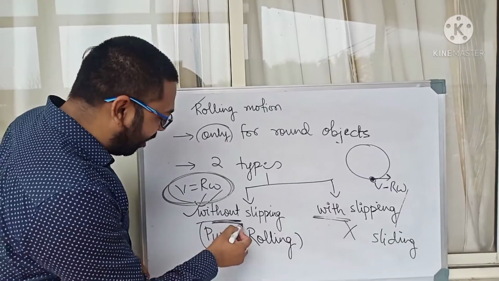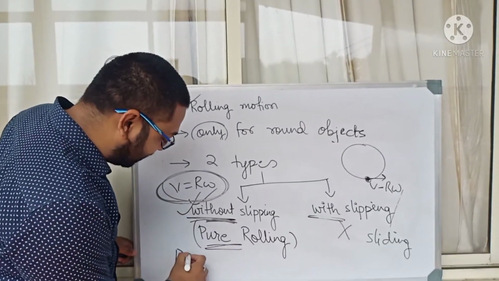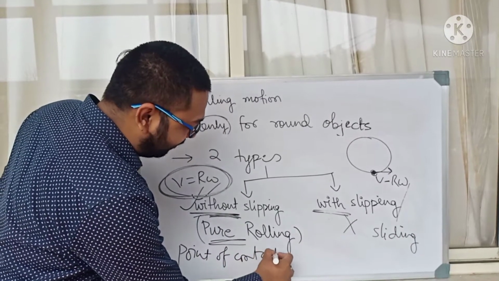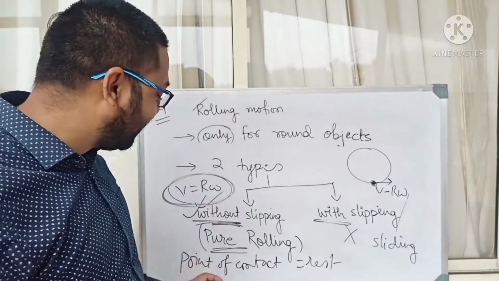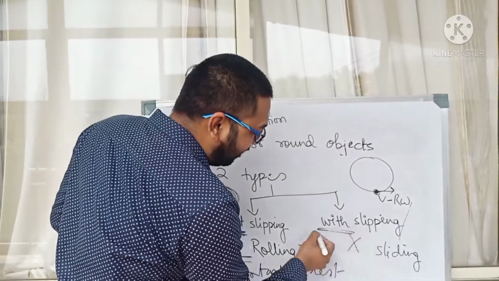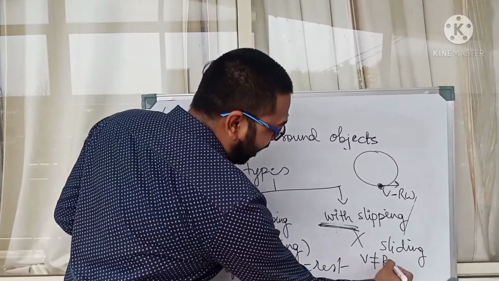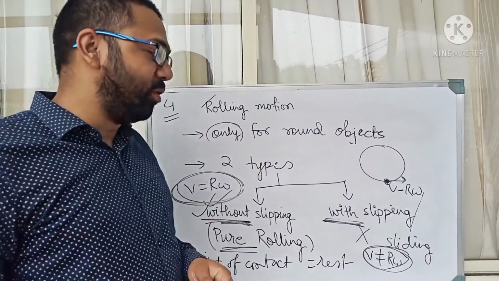Now, without slipping means the point of contact is at rest. It has no velocity. So v is equal to R omega. And in the case with slipping, v is not equal to R omega.